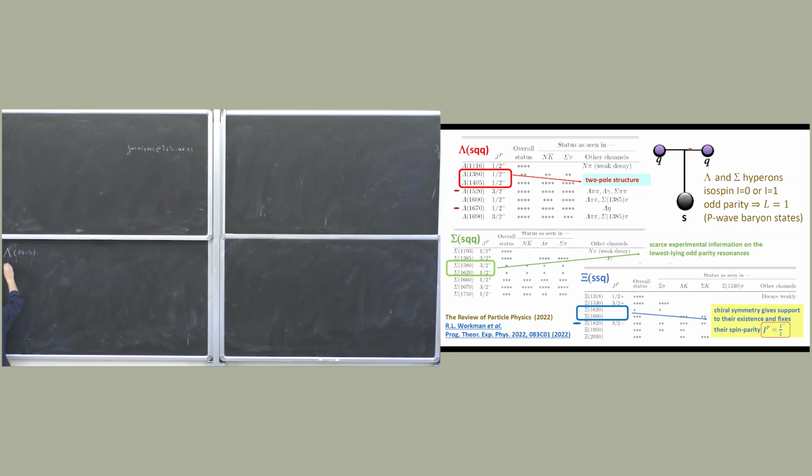The Lambda means that the isospin is zero. Also, Lambda means that there is a strange quark. Okay? So then the quark content of this hyperon, of this baryon, should be just s d u. But the d quark and the u quark are coupled to isospin zero.